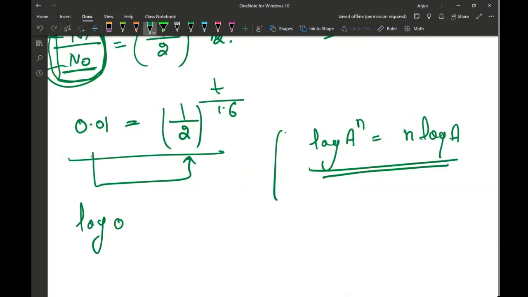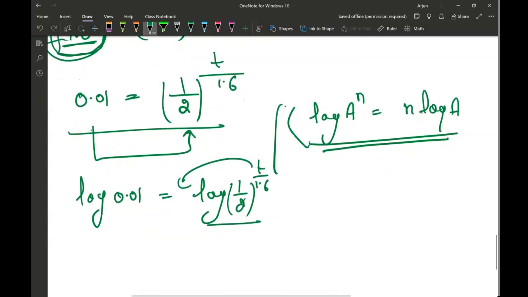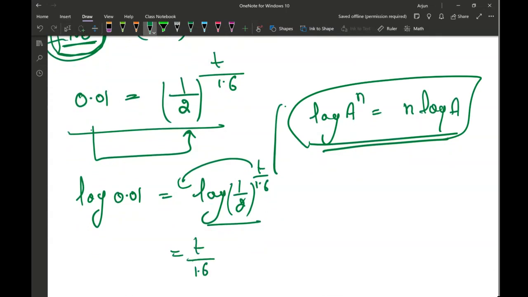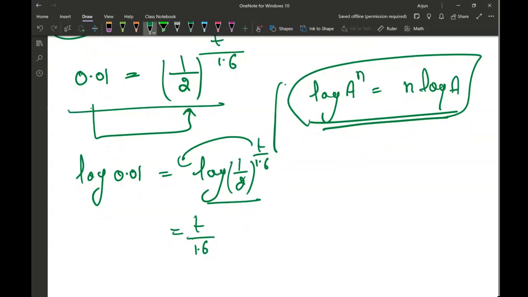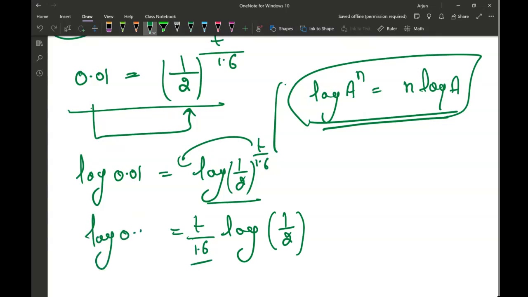So log of 0.01 equal to log of 1/2 raised to the power t upon 1.6. So here I'm going to bring this down by using this formula. So t upon 1.6 will go in front, and log of 1/2, and log of 0.01.